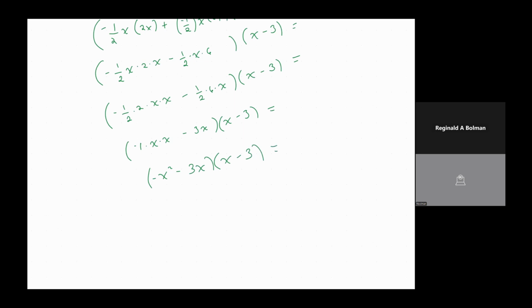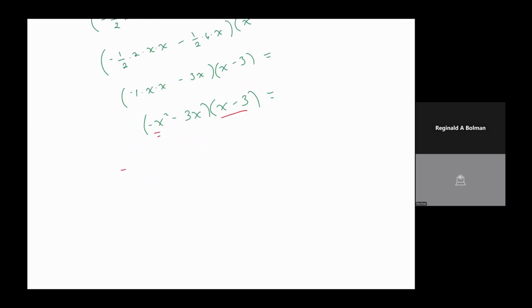Now, if you want to use the extended distribution, we're going to take our first term, which in this instance is the negative x squared, and we'll multiply it across x minus 3. And we'll add to this the negative 3x, or our second term, multiplied with the entire second set of parentheses, x minus 3.